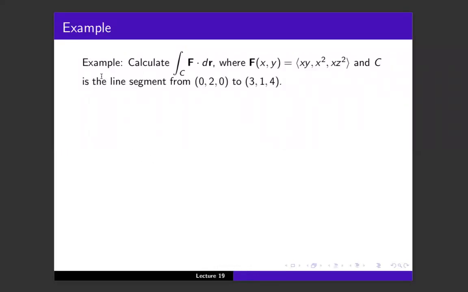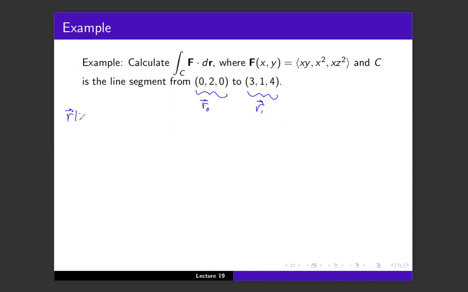So here's another one. There's a typo here, that should be F(x,y,z), I'll fix that. In this case, our curve is a line segment from (0, 2, 0) to (3, 1, 4). Remember that we can consider this to be r0 and this to be r1.